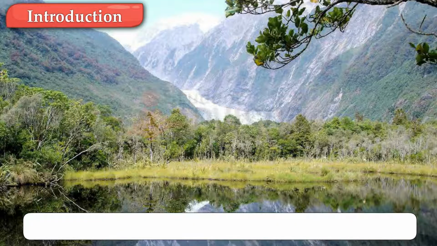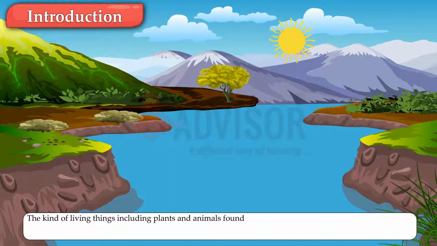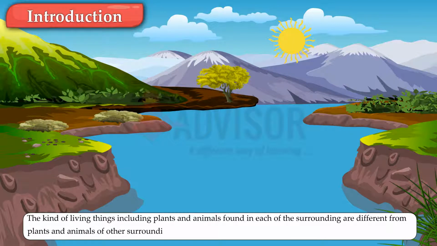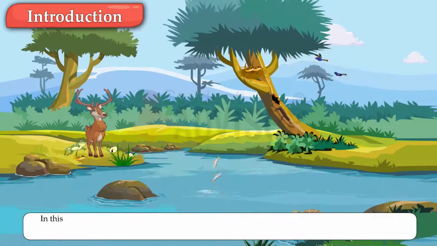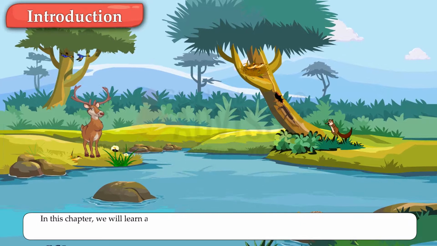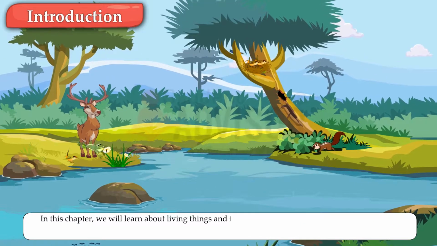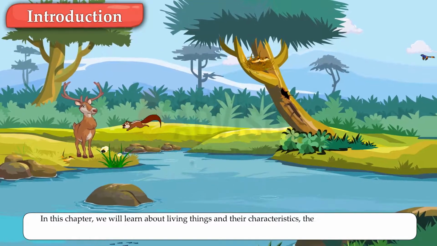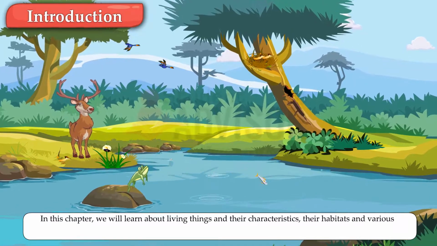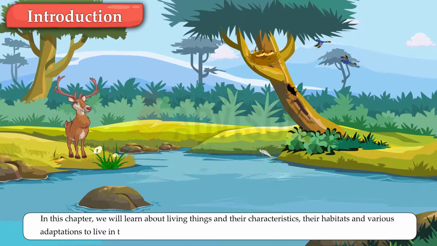The kind of living things, including plants and animals, found in each of the surroundings are different from plants and animals of other surroundings. In this chapter, we will learn about living things and their characteristics, their habitat and various adaptations to live in that habitat.